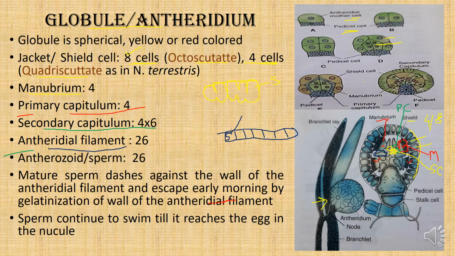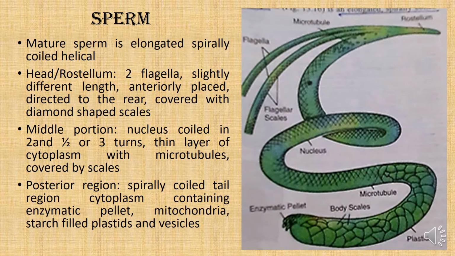When the sperm is mature, either the wall of this antheridial cell gelatinizes and there is a hole through which the sperm comes out, or the sperm dashes against the wall and creates the hole through which it escapes. So there are two processes by which the sperm escapes early in the morning from the antheridium.